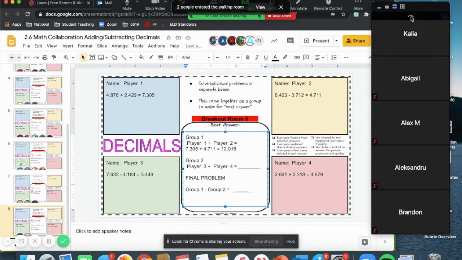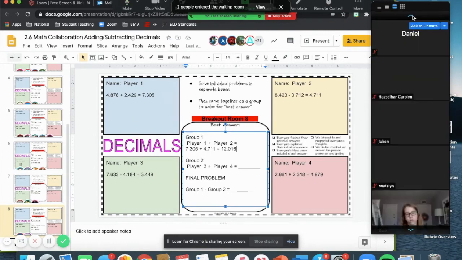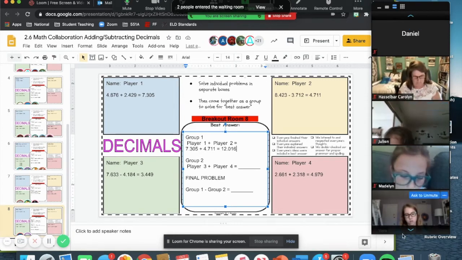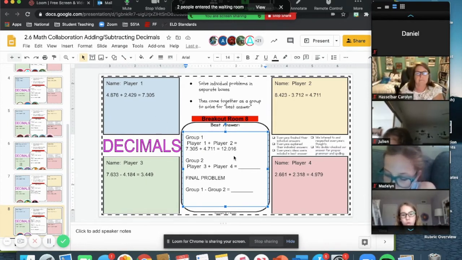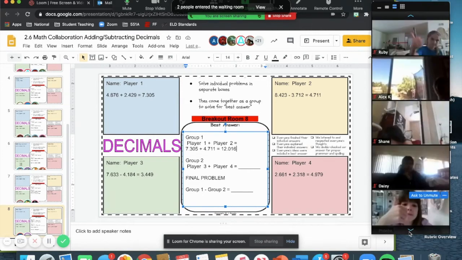There was a mistake with one of the individual problems. That's okay. That's why we're going over it together, just so that there's no confusion. But the other groups that didn't have any discrepancies, did we get 12.016? Thumb up or thumb down? Maddie's nodding her head yes. Okay, good.